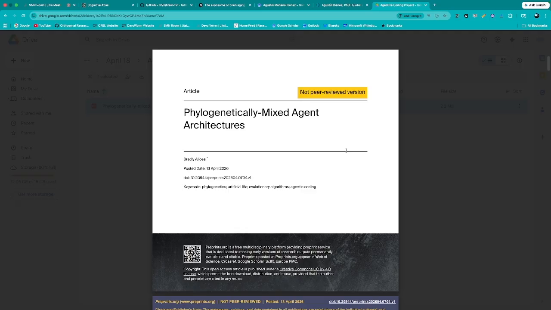But in this case, what I want to do is two things. I want to evolve architectures for certain task settings. And when you evolve an architecture, you can make it more adaptive to the general way of doing spatial cognition as opposed to optimizing it for a specific task.